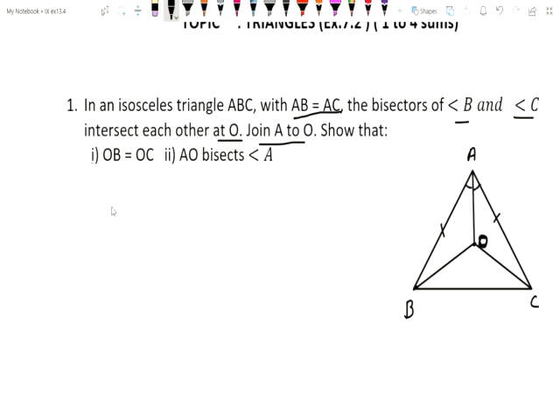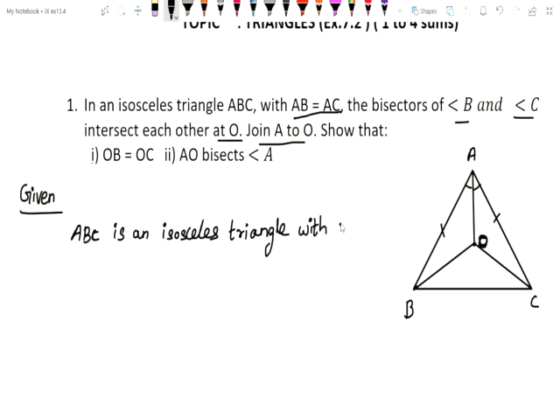First, what is given in the question? Write the given. ABC is an isosceles triangle with AB equal to AC.